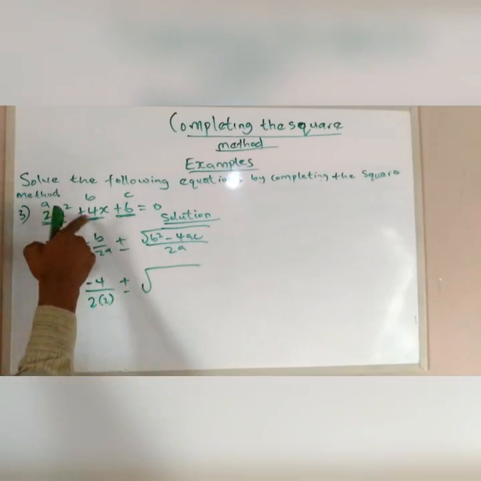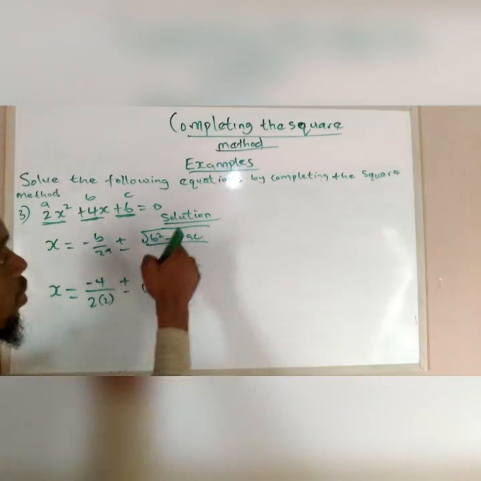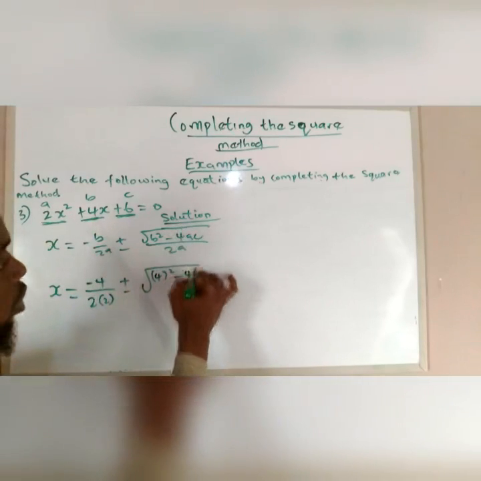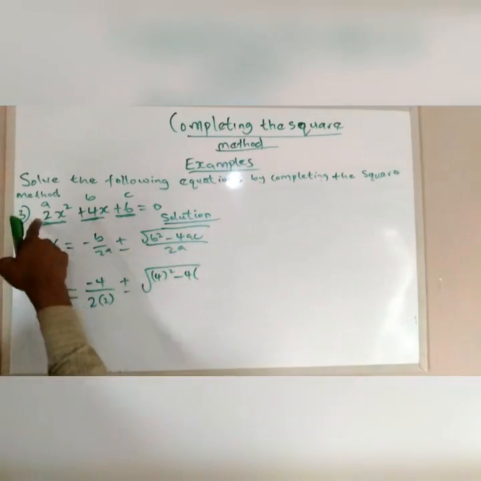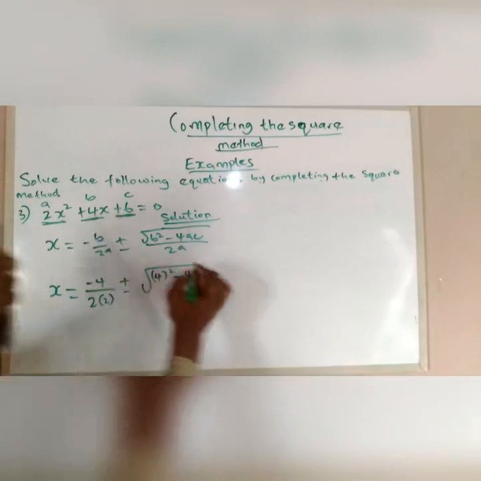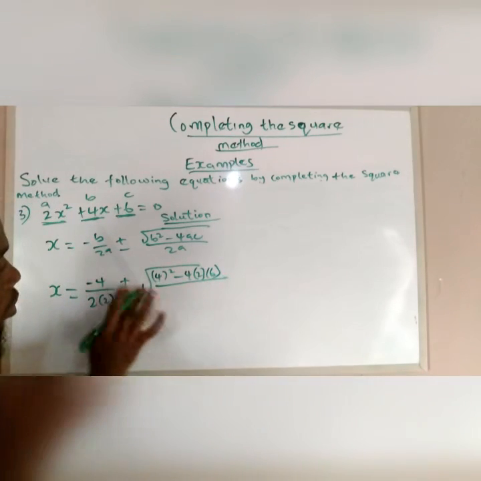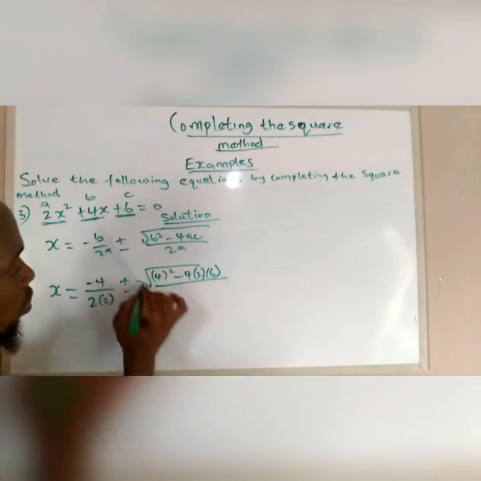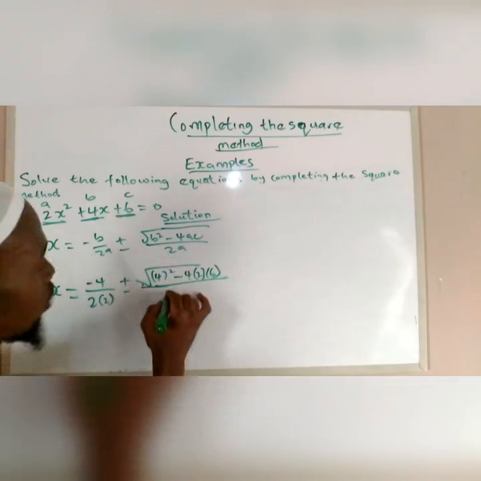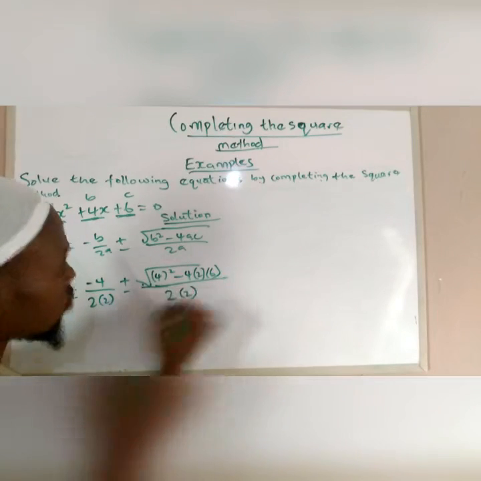My b is plus 4, so I will have 4 squared minus 4 into brackets, what is my a? My a is 2 and my c is plus 6, divided by 2a. My a here is 2 into brackets 2.